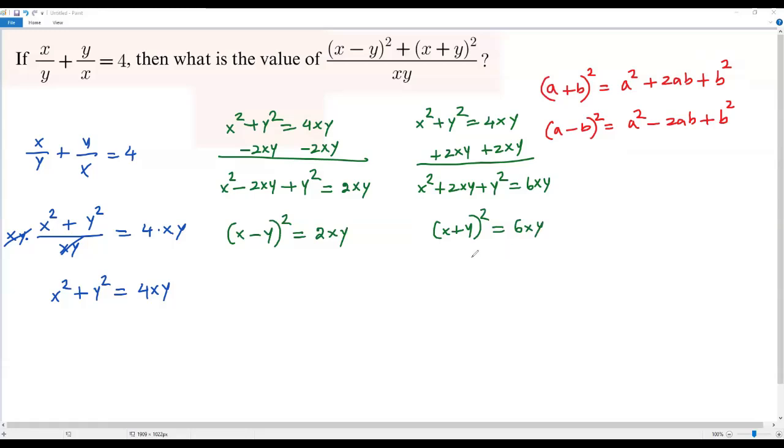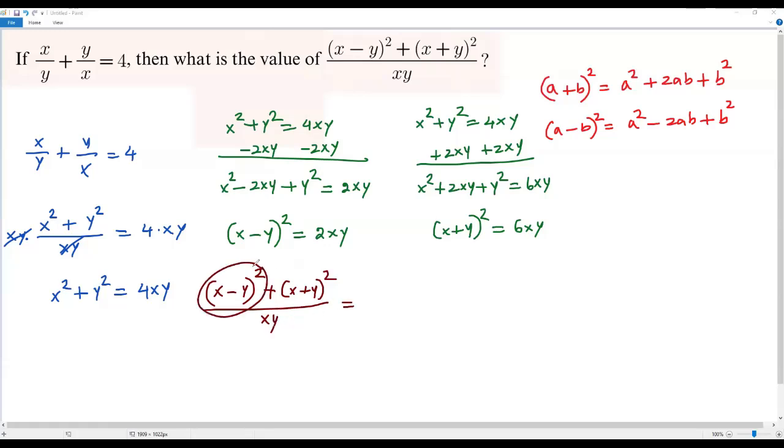So now I have the equivalent for (x − y)² and (x + y)². We can plug in 2xy for (x − y)² and 6xy for (x + y)² into the given expression. Let me do it. I take the given expression as it is, (x − y)² + (x + y)² over xy.